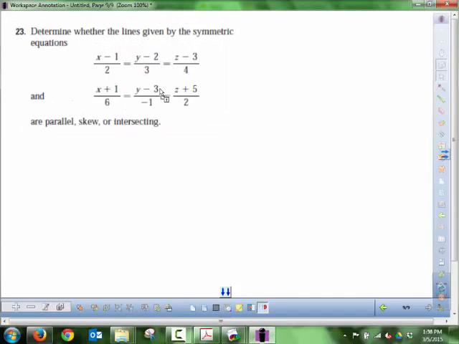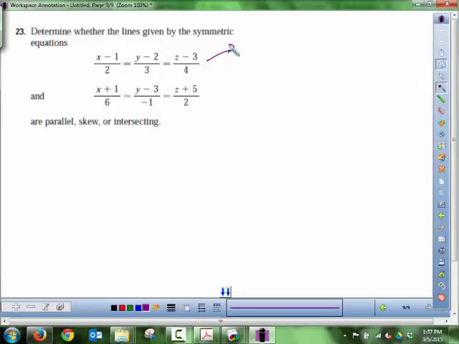It turns out that symmetric equations are not very useful, so we may want to rewrite it in vector form or parametric form. Let's change these into x, y's, and z's with t's in it. We can assume that each of these things is equal to t, and then solve for x, y, and z.